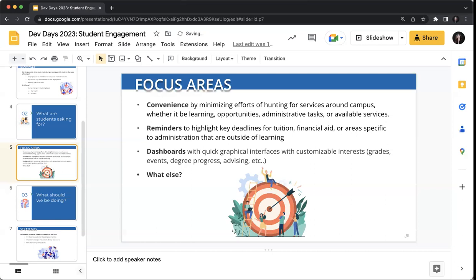Now, has anyone felt that the increase of cloud services around campus has triggered a focus on trying to wrangle all those together to help with the convenience of accessing them? Or is there no impact? I'm over here shaking my head, so I guess people online can't see that.